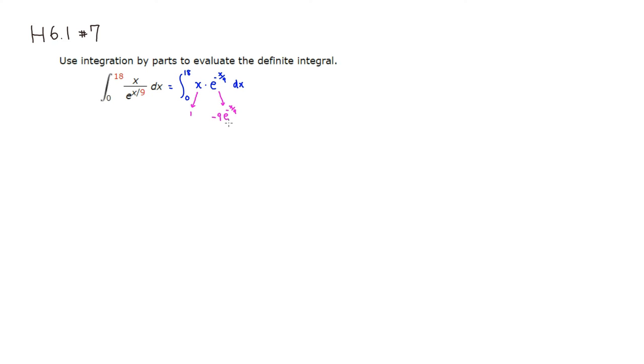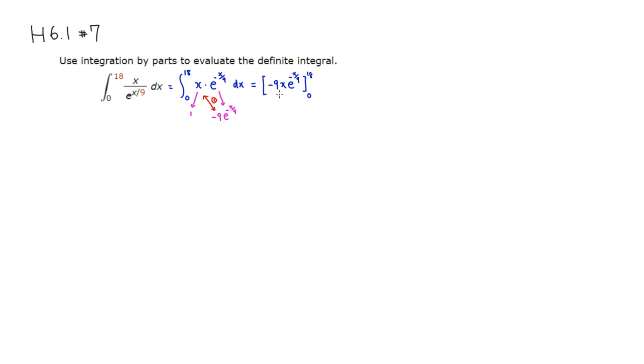So that's the antiderivative. Then this is going to be equal to, first term is multiplied diagonally, so these multiply together. We get negative 9x e to the negative x over 9, going from 0 to 18.